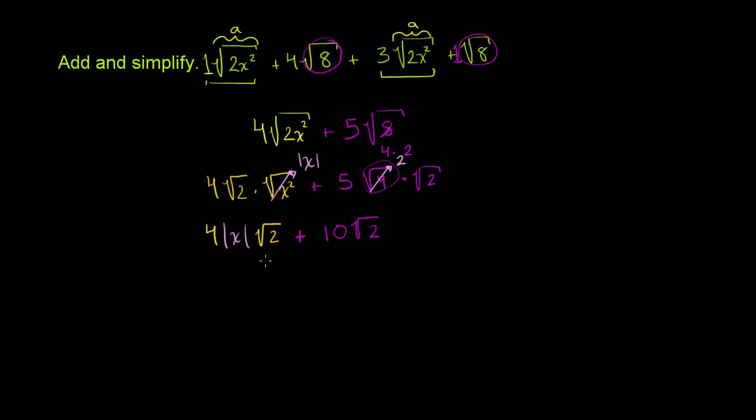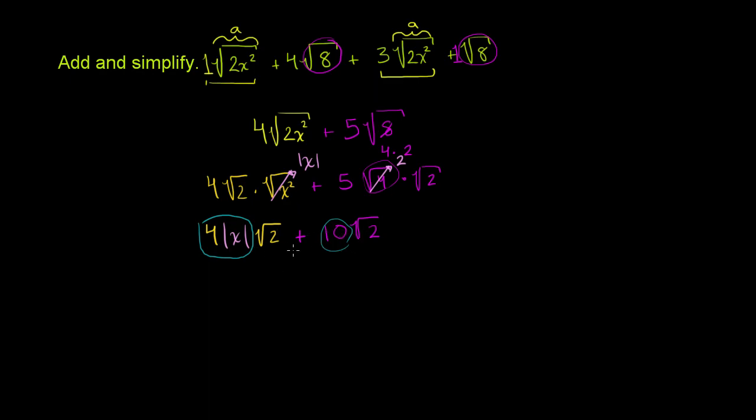Now, we could call it a day and say that we're all done adding and simplifying. Or you could add a little bit more depending on how you want to view it. Because over here you have 4 times the absolute value of x square roots of 2, and here you have 10 square roots of 2. So you have 4 absolute value of x of something, and then you have 10 of that same something. You could add them up.